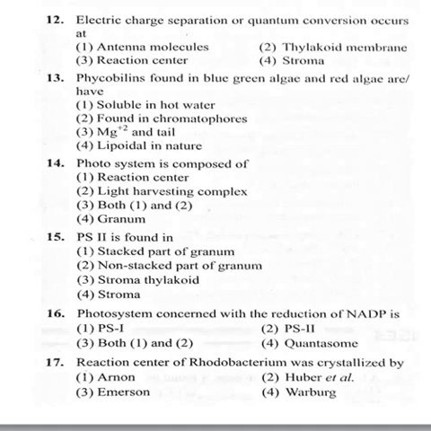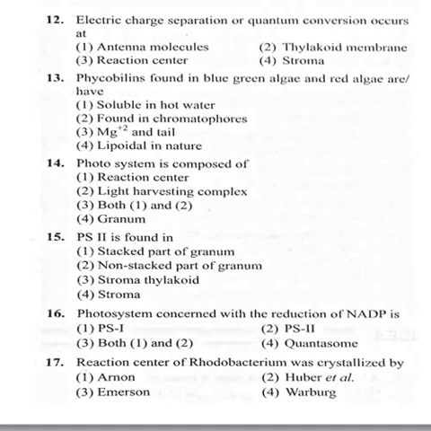Now coming to the 16th question. Photosystem concerned with the reduction of NADP is option 1 photosystem 1, option 2 photosystem 2, option 3 both 1 and 2, option 4 quantasome.